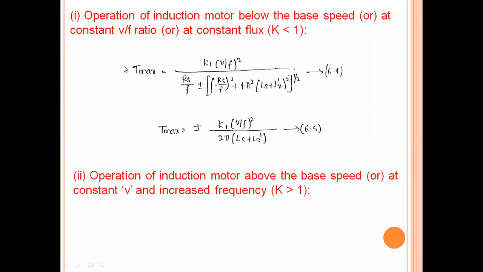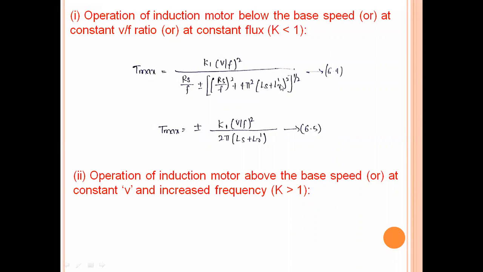Actually, this is the maximum torque equation, which we derived in equation 5.11, but that equation is in terms of speed and stator voltage. This equation 6.4 shows the maximum torque equation in V by F form, in terms of frequency. The slip and all other parameters have been replaced.